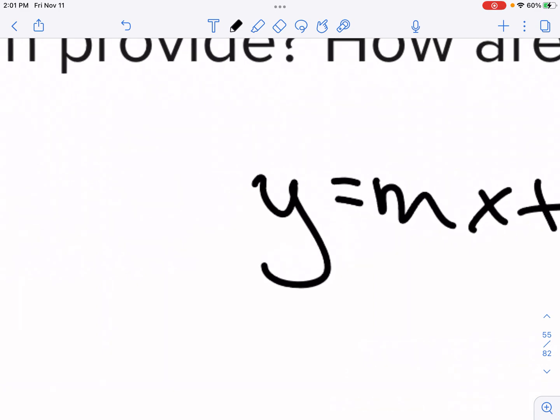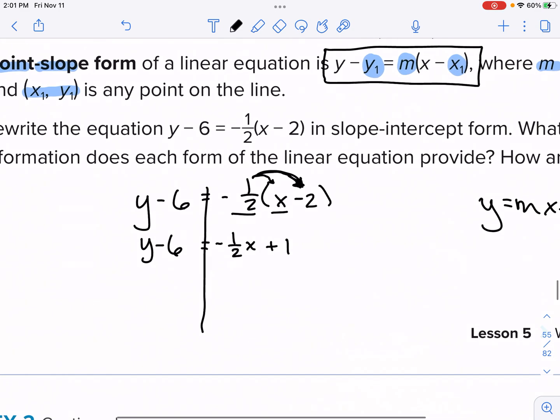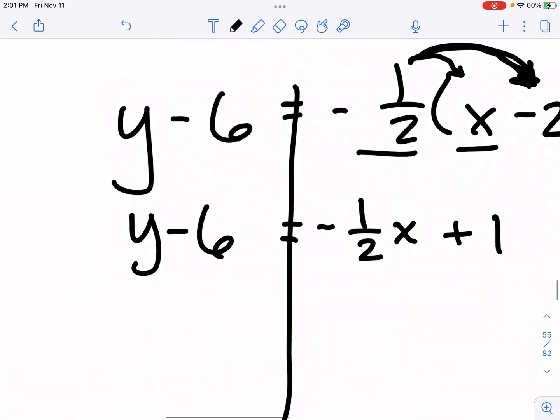But notice how we do not have just y on the left side. We have this -6. We can use what we've learned previously in solving equations to get rid of this -6. We're going to add 6 to both sides. We're going to perform an inverse operation. I'll write this underneath the +1 because those are what we call our like terms.